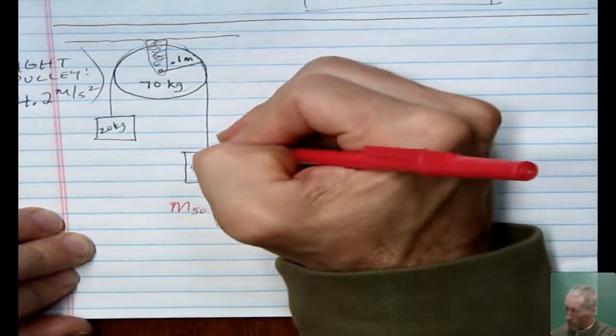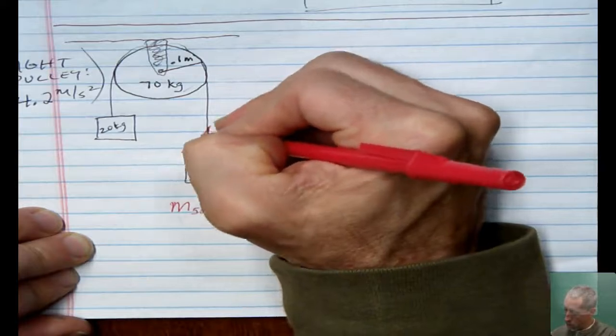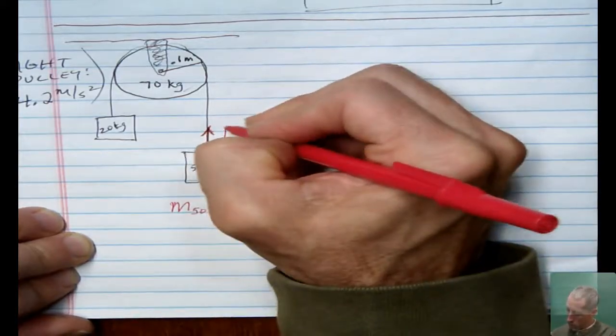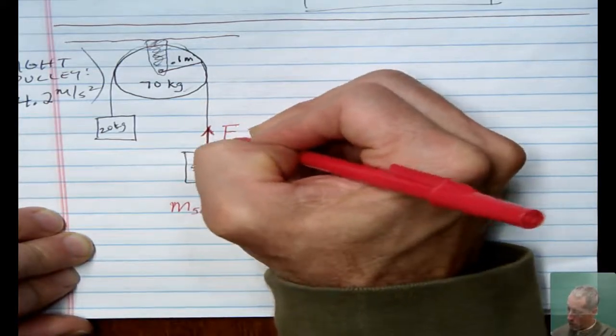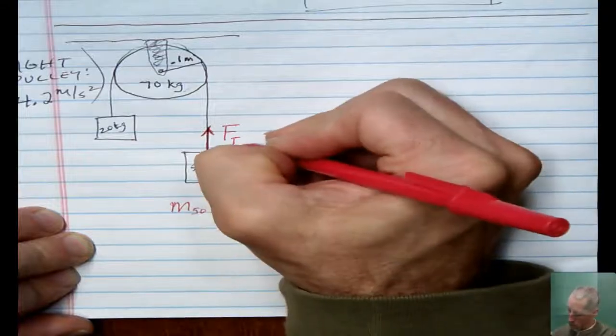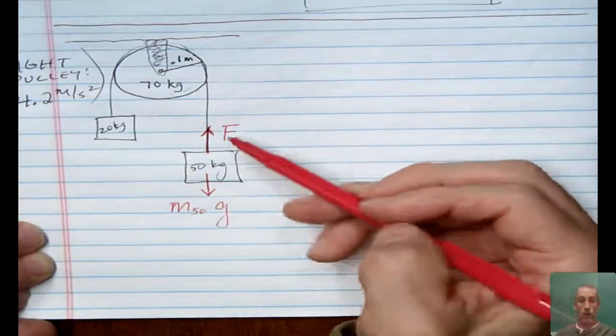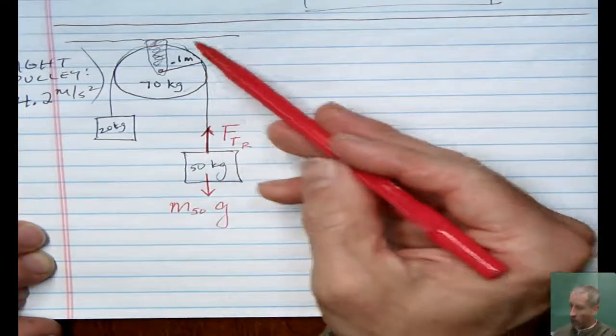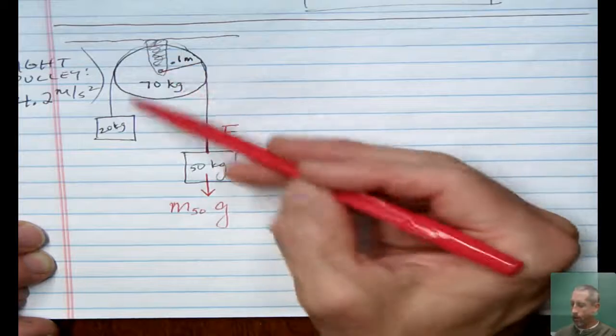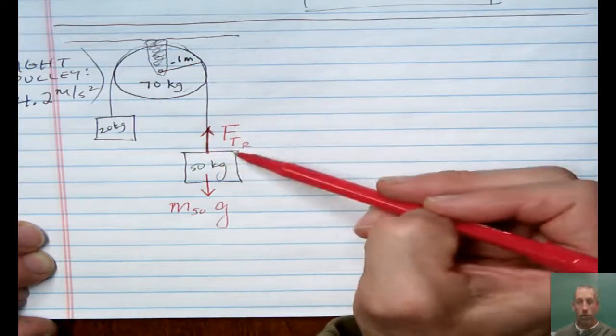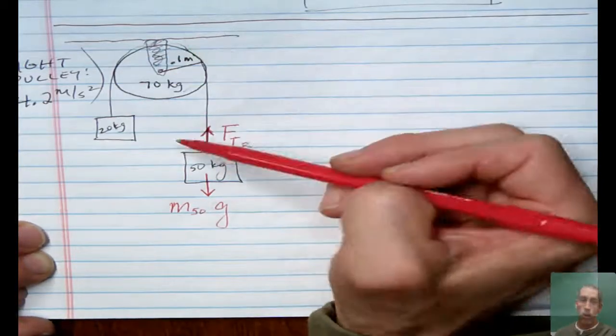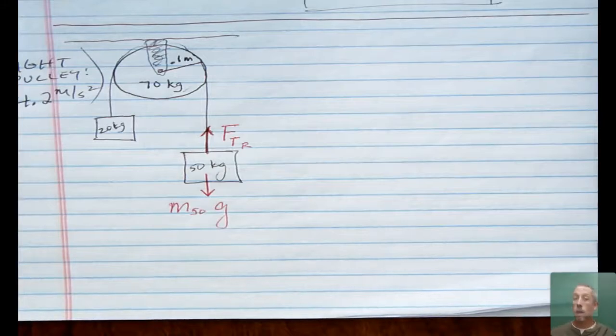It also has a tension due to this cable here, so F_T,R, and I'm going to call that R for right, because it's on the right side of my pulley. Now, if you remember doing these before, you say, wait a minute, why do we need to call that a particular tension? Because it's the same tension throughout. Well, I mentioned back at the time that we won't always have the same tension throughout a string.